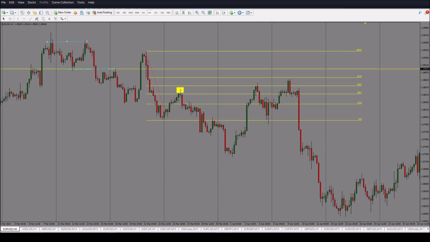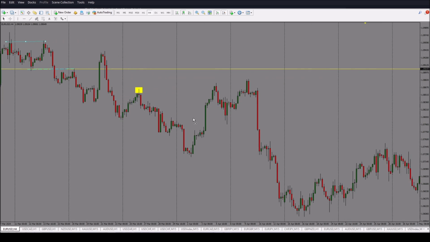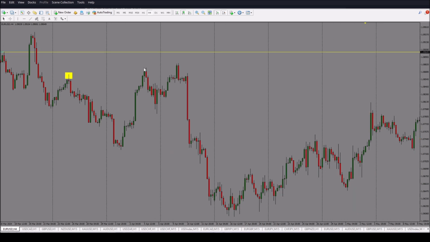In this particular case, we had a candle closure below the 38.2, and we could make our entries. We only trade two flows within a particular cycle to fulfill the market maker cycle, which is basically an institutional market cycle.